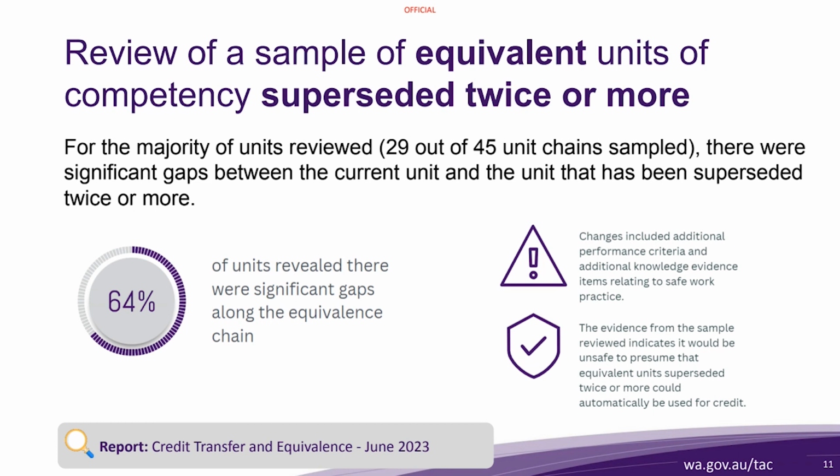And under those circumstances, you can see that there could be some significant risks in automatically awarding credit for a unit that had significant gaps compared to the current requirements of the current unit of competency.